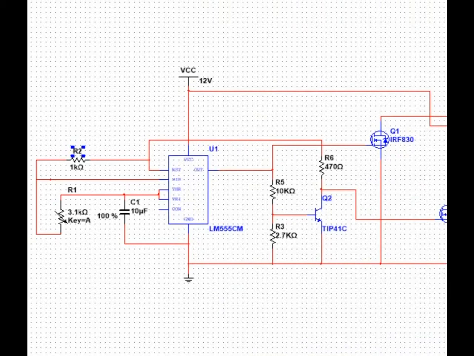The simulated circuit is the waveform generation with the 555 in an astable configuration with a bandwidth of 20 to 50 Hz.